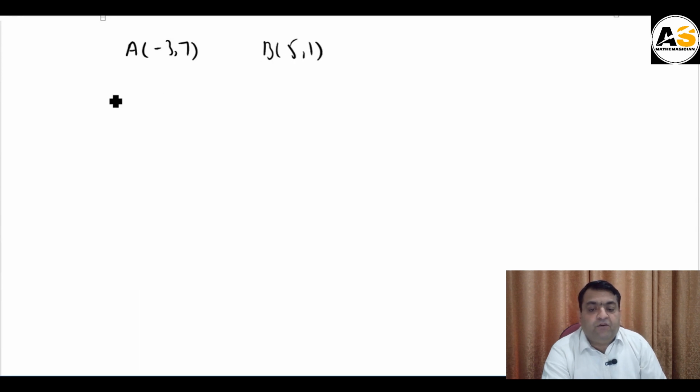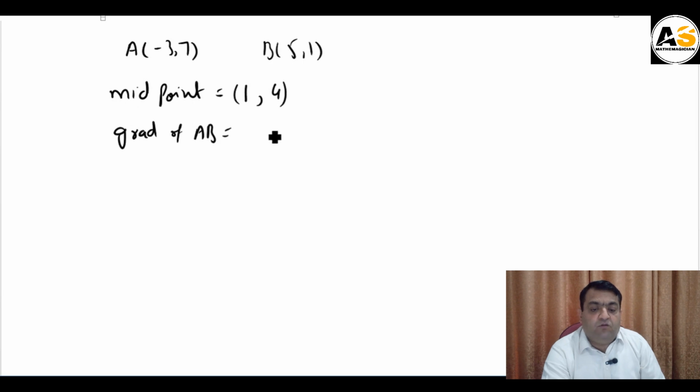Midpoint of AB, very easy: minus 3 plus 5 over 2, it will be 1, and 7 plus 1 over 2, it will be 4. And gradient of AB: 7 minus 1 over minus 3 minus 5, this will be 6 over minus 8, minus 3 by 4.